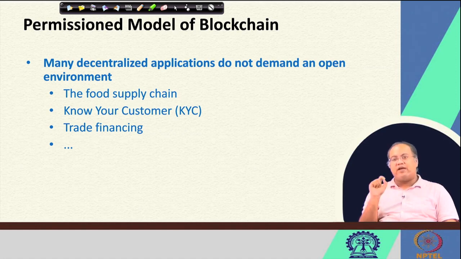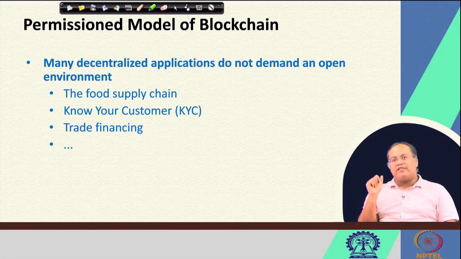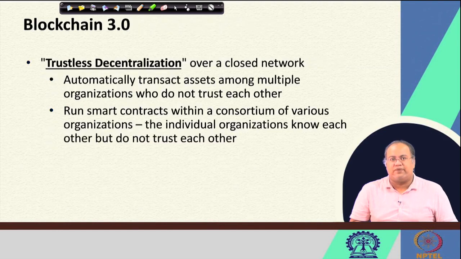Your transactions may not be committed immediately and it takes certain time to get commitment, but with that limitation you can design an open consensus mechanism based on a challenge-response architecture. But in a permissioned model where the network is not open, you can revisit the classical consensus algorithms and see whether they are suitable for this purpose.